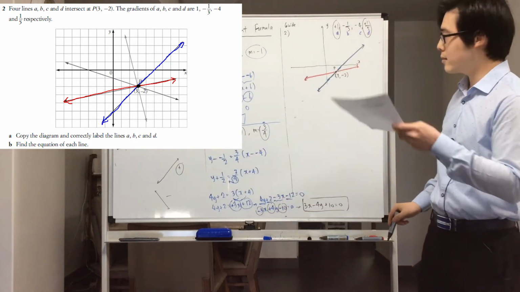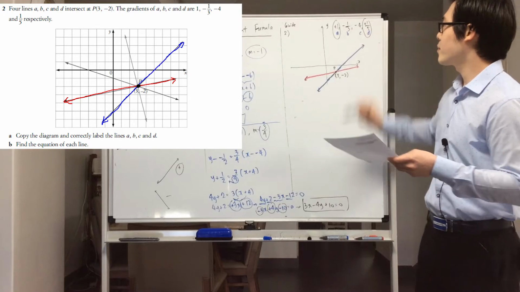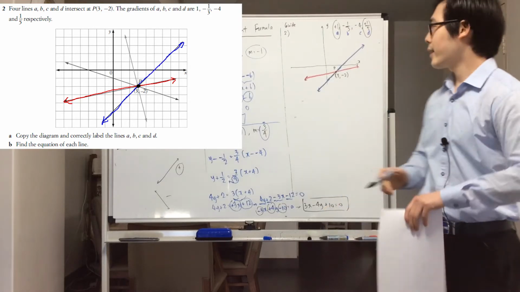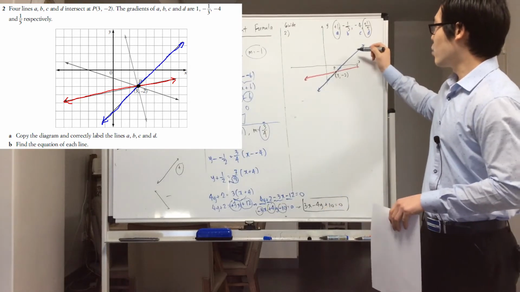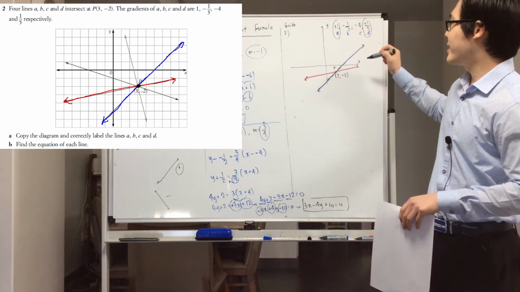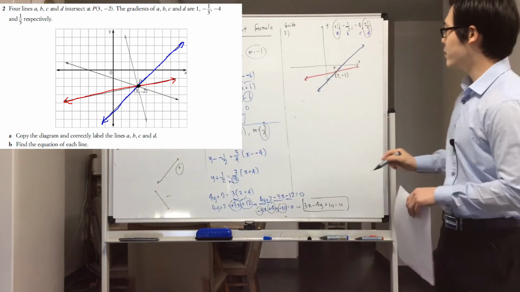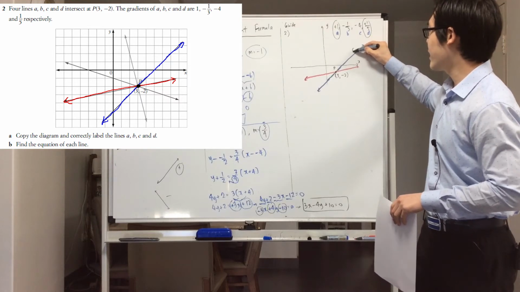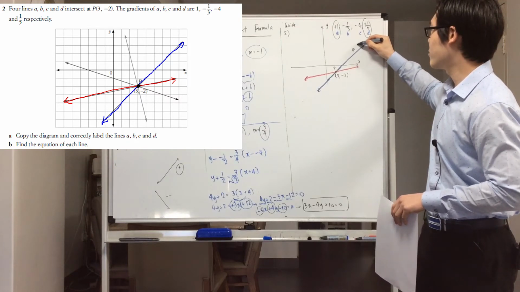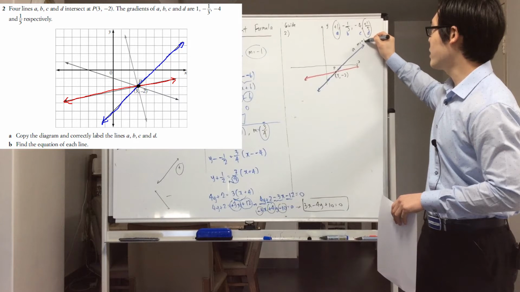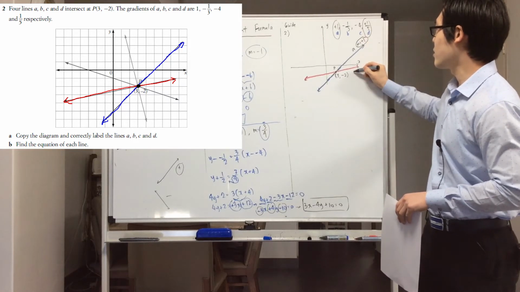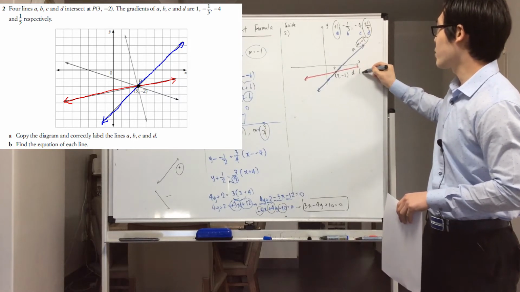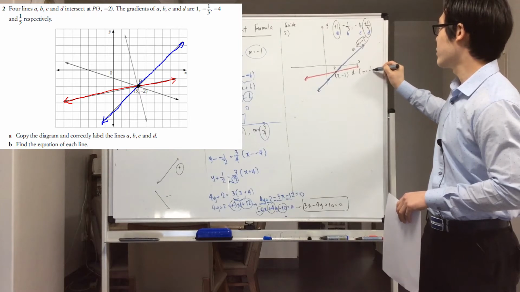The other two lines are lines with negative gradient, okay? So, which one is A and D in this case? The way to tell is, girls, I'll tell you right now, this is the line A with gradient of +1, and this is your line D with a gradient of 1/5.